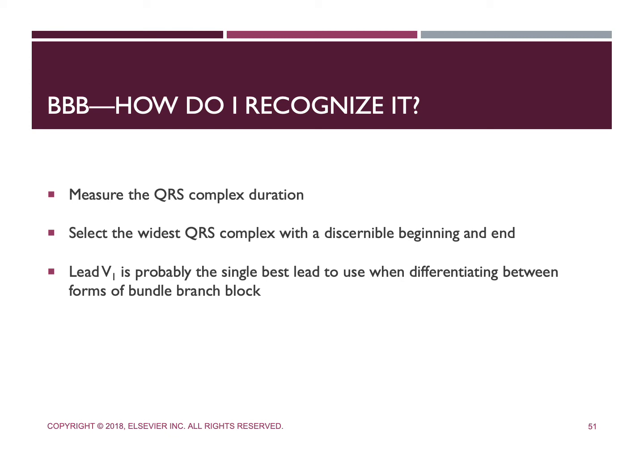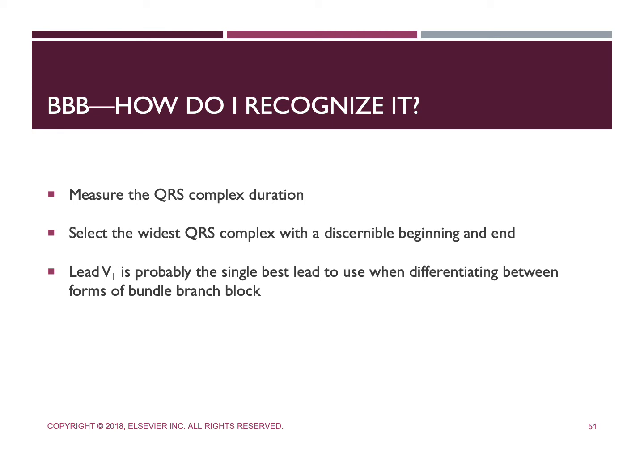So therefore, when you're measuring for that triple B, we want to select that widest QRS complex with a discernible beginning and end. So the criteria for that BBB or triple B recognition may be identified at any lead on that ECG.